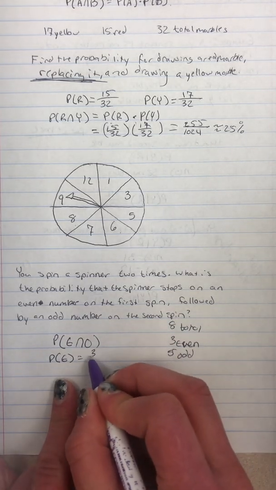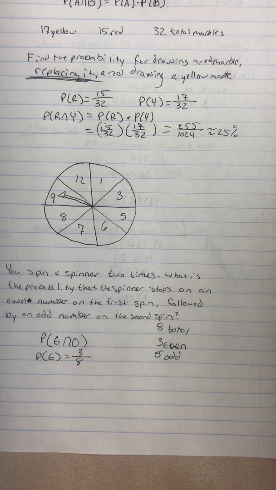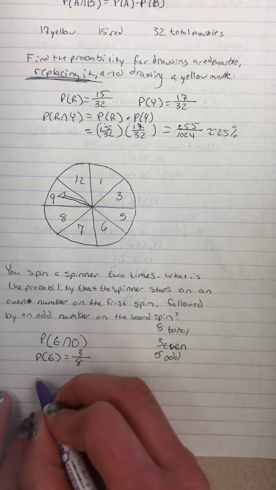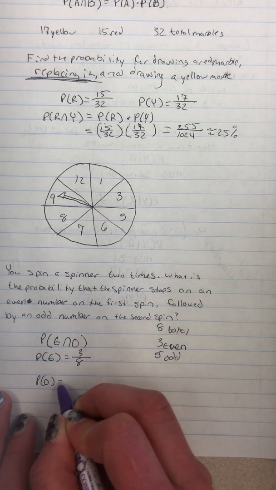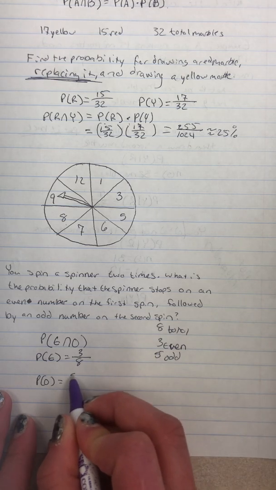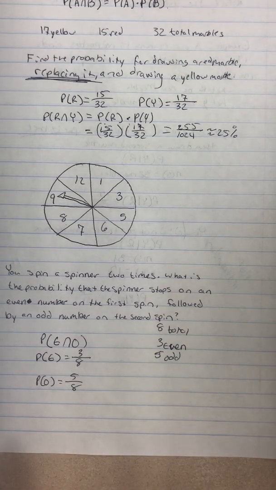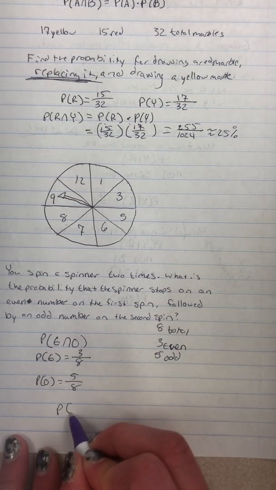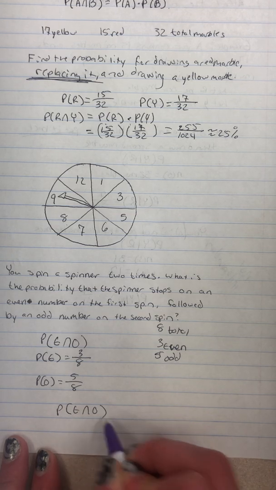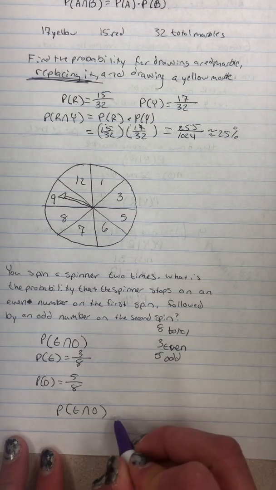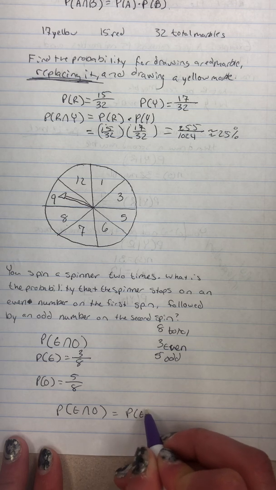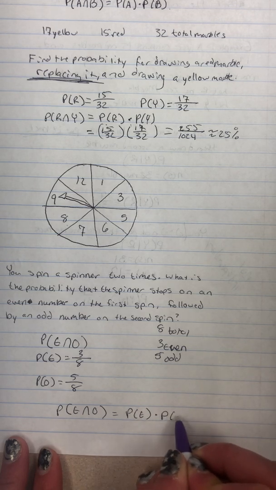Well, we have 3 even numbers over 8 total. The probability of an odd number, well, we have 5 odd numbers over 8 total. The probability of even, then odd, is the same as the probability of even times the probability of odd.